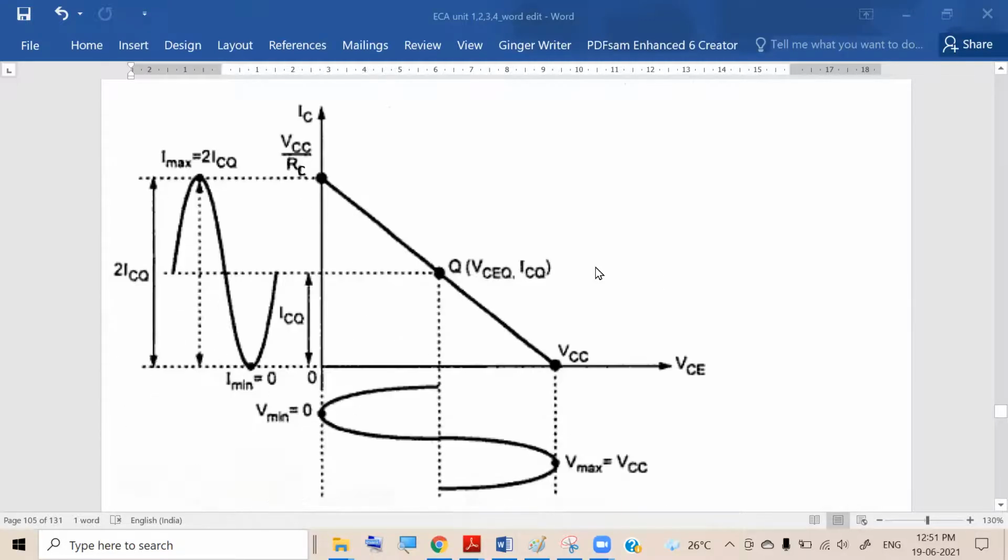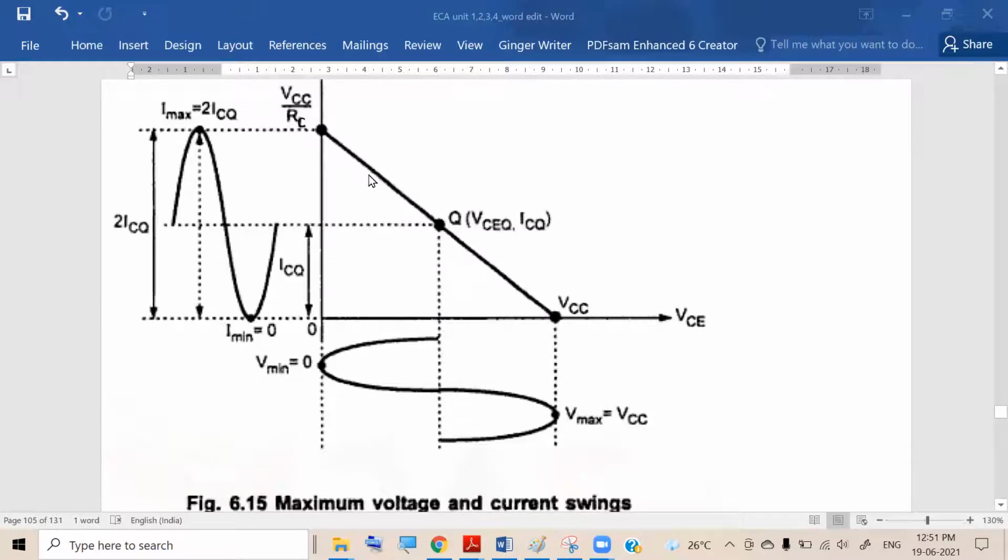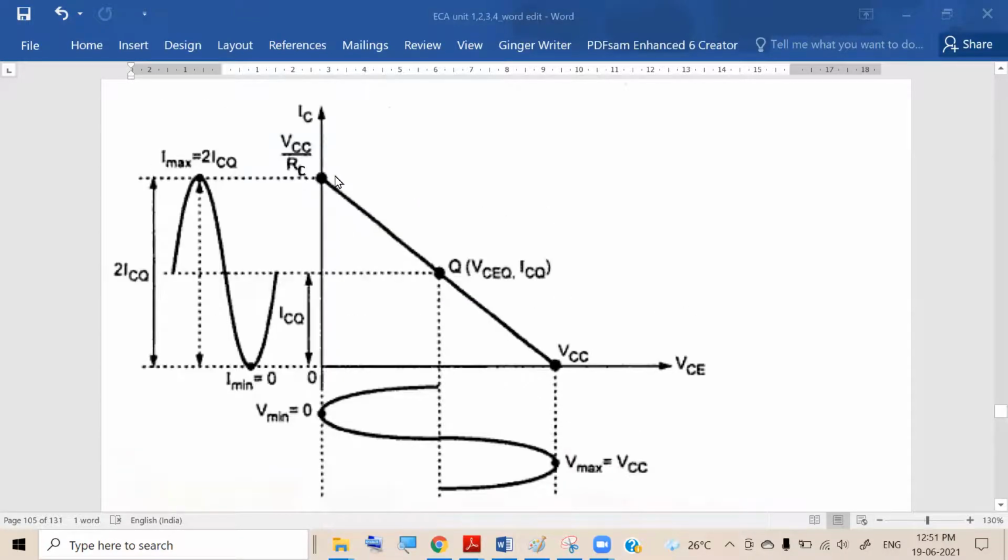The maximum swing, I told you, is limited by the load line and will be from this point to this point. This also we have discussed: on the x-axis, the point where the straight line intersects VCE, we get by putting IC equal to 0. We got in the previous class VCC. Likewise, the point where the DC load line intersects IC was VCC by RC.